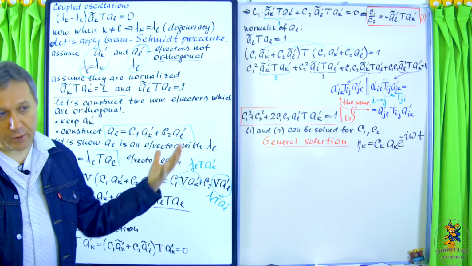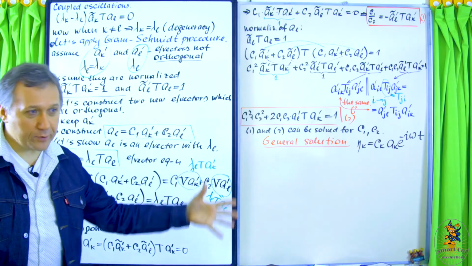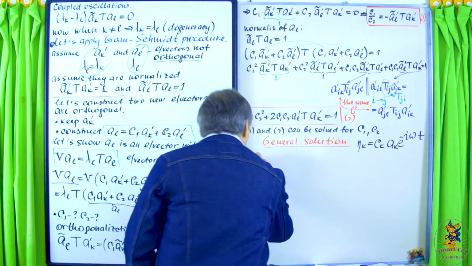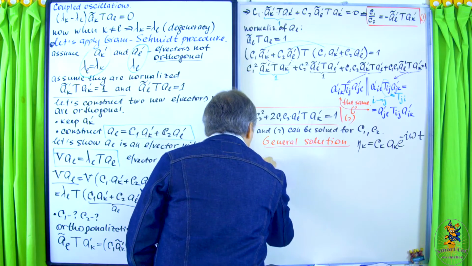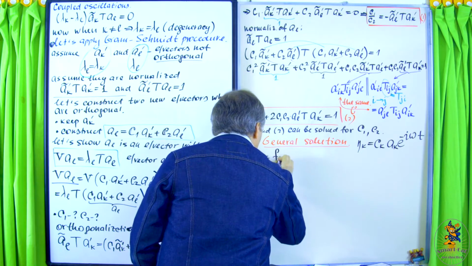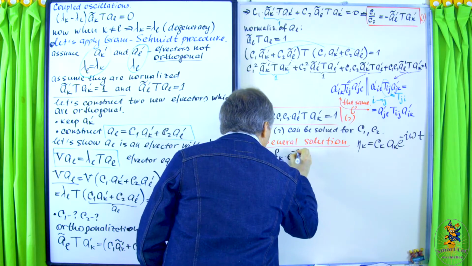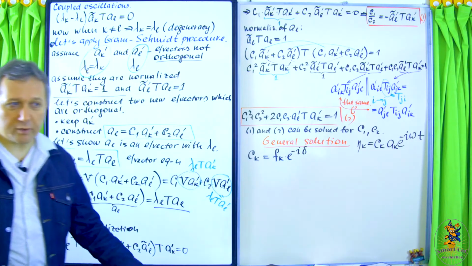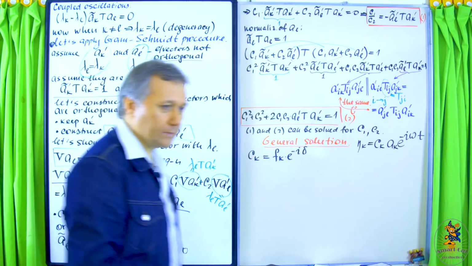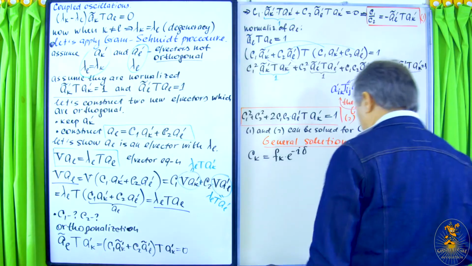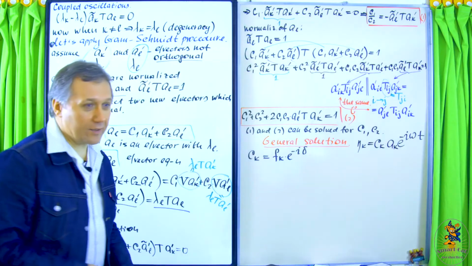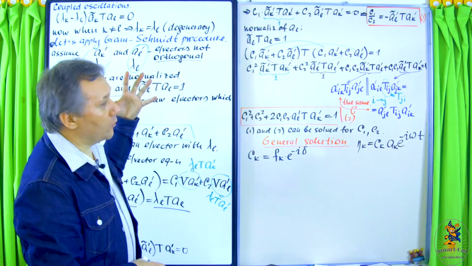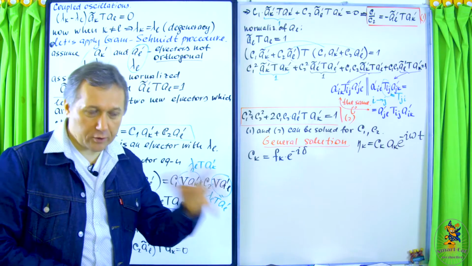Any complex number can be written as an amplitude times an exponential, e to the power of minus i delta. So C k we write as f sub k and e to the power of minus i delta. It's not a big deal, you know that. And so now we can write a solution for one of the normal modes. Again, it's not a general solution.